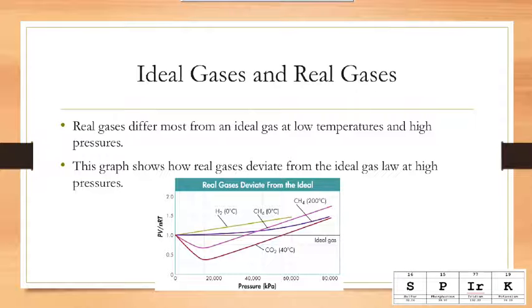This graph below shows how real gases deviate from the ideal gas law at high pressures. So that black flat line going through the center at 1.0, that is an ideal gas. And these lines, the colored lines, are other gases, and those are the deviations from the ideal gas. And notice that they are at very, very high pressures.